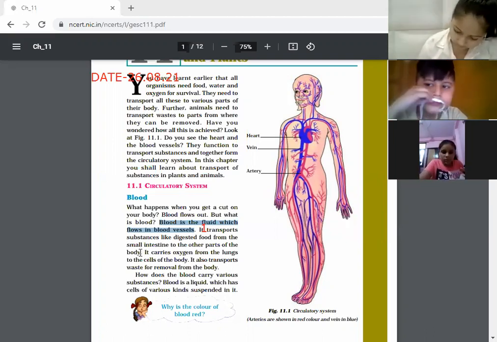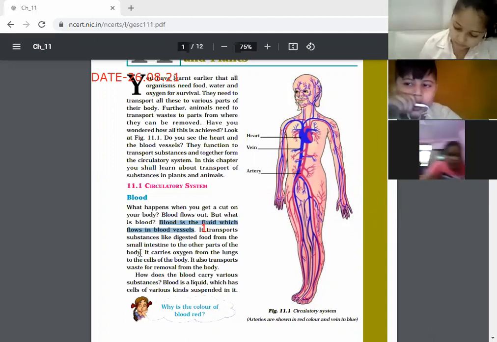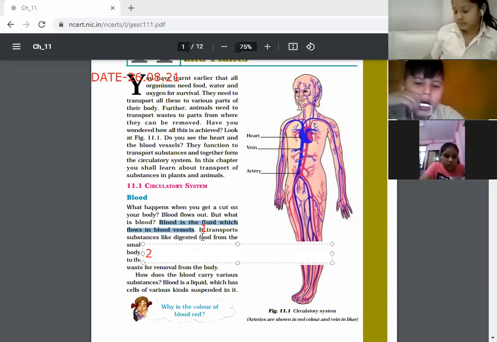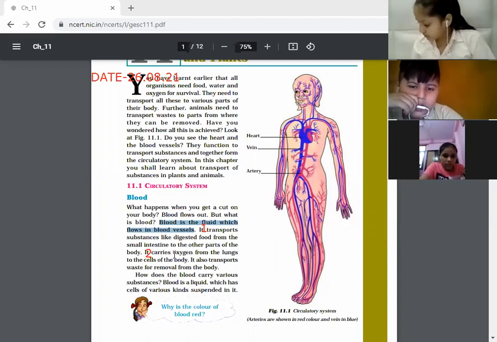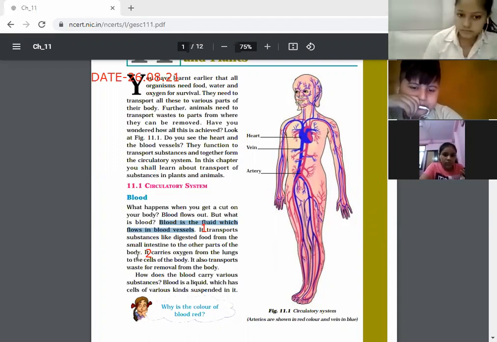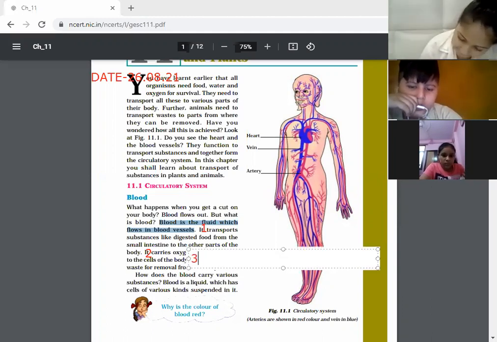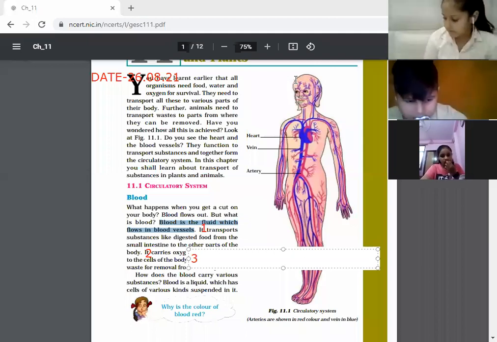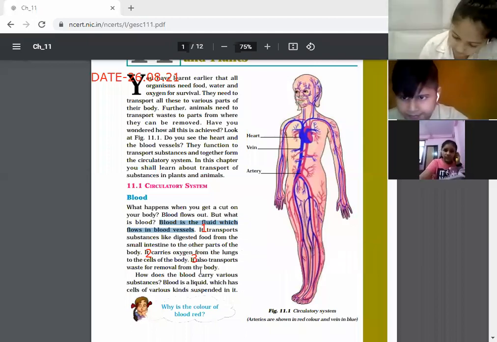This is the first function of the blood. Second, it carries oxygen from the lungs to the cells of the body. This is the second function. And number 3, it transports waste for removal from the body. So these are all the functions of blood.